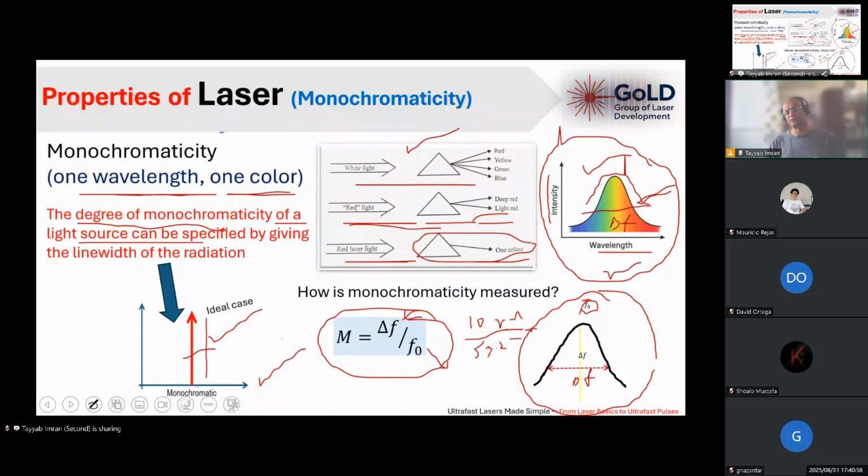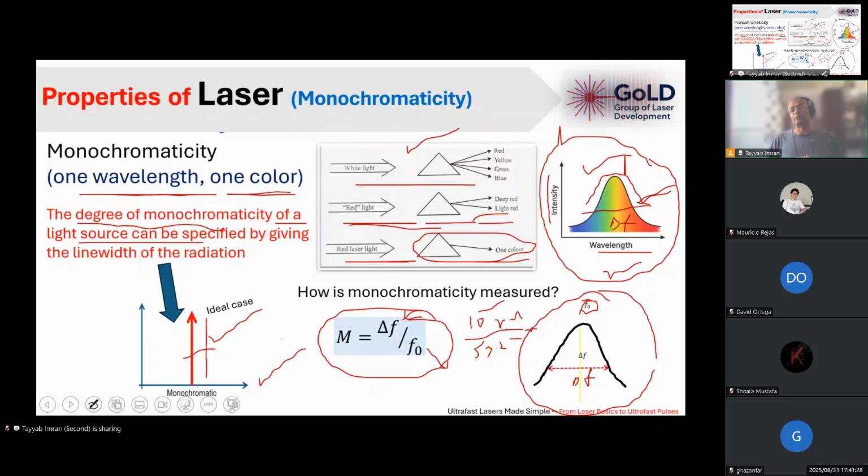Whatever answer comes shows the monochromaticity of this laser. I took 10 nanometers just randomly. Actually, it should not be 10 nanometers in the case of a normal laser, and even less than 1 nanometer. So this is monochromaticity.